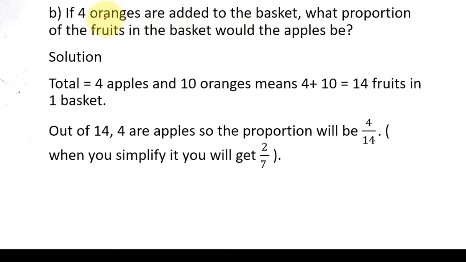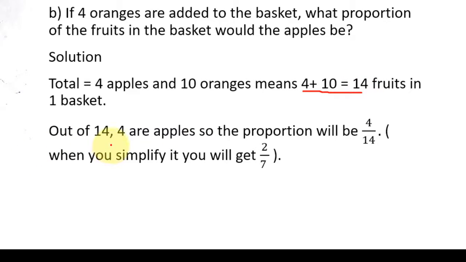In the same way, if 4 more oranges are added to the basket, what proportion of the fruits in the basket would the apples be? Solution: total there are 4 apples and 10 oranges, means 4 plus 10 is equal to 14 fruits in one basket.